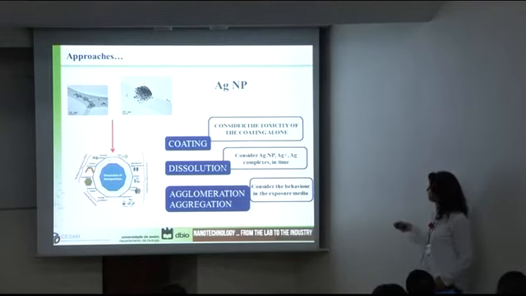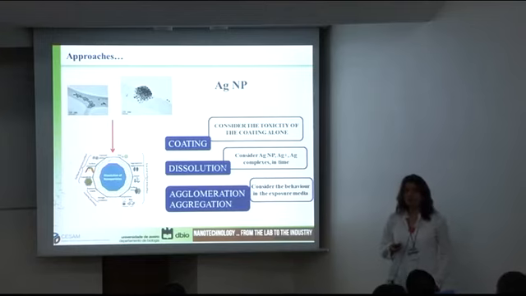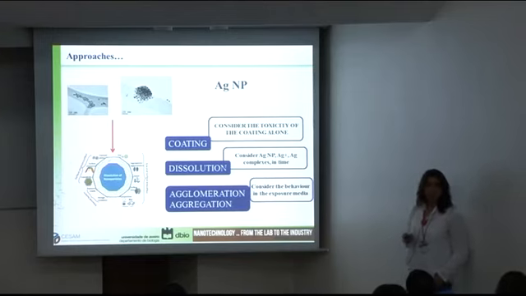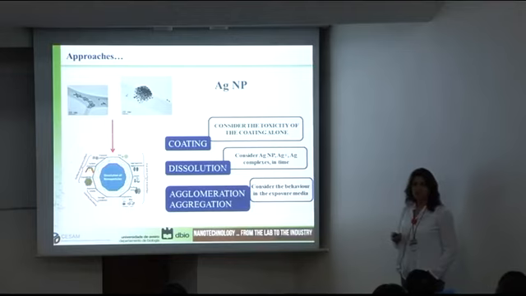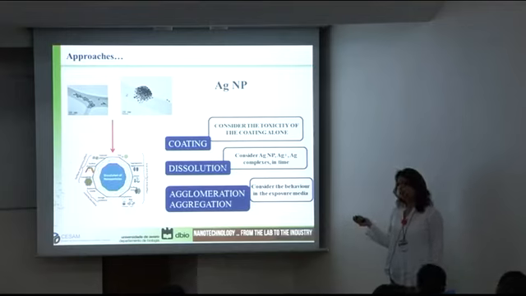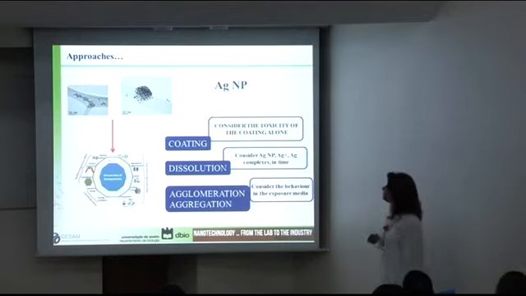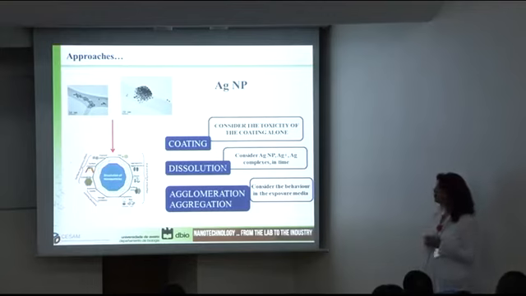One that is usually a little bit forgotten is the coating. Some of the coatings used in nanoparticles may induce toxicity to organisms, and since they are released over time, we also need to assess them. Usually we have mainly two controls in our assays, a negative control and a solvent control, which we use as a dispersal carrier, but now we have an extra one, the coating, so it's also important.